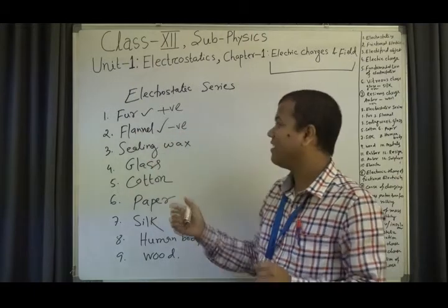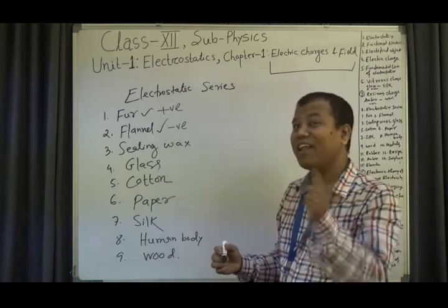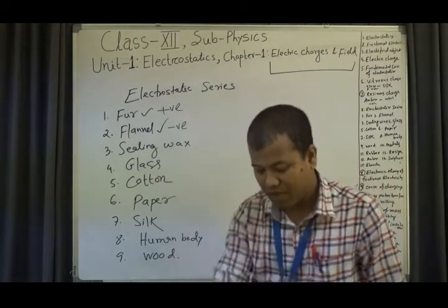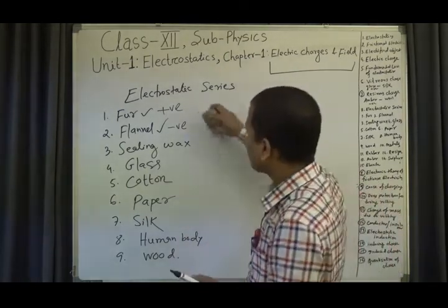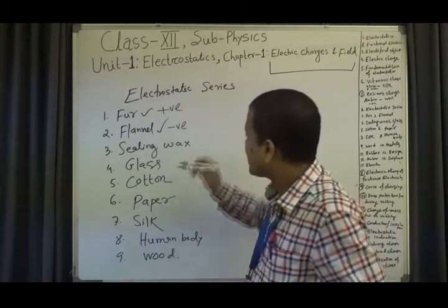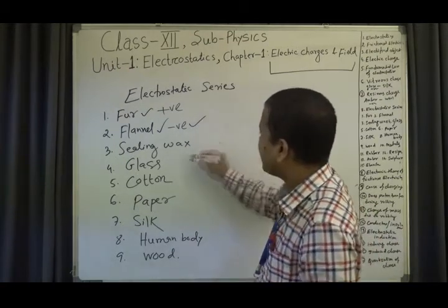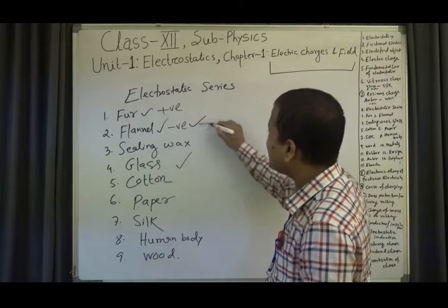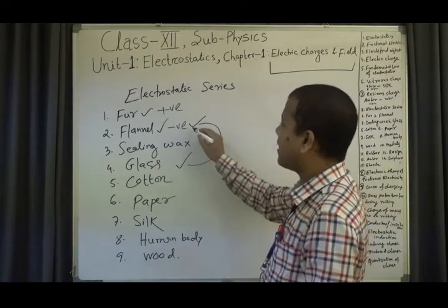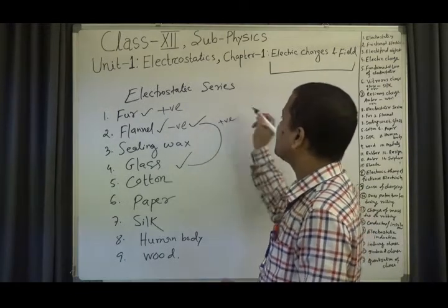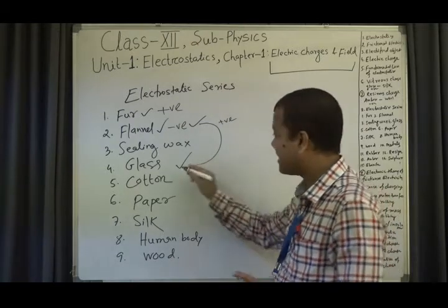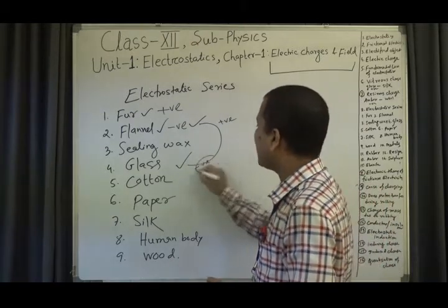Is it clear? Let me explain again with another example. Suppose you take flannel and glass. When you rub flannel with glass, the flannel will acquire positive charge and the glass will acquire negative charge.